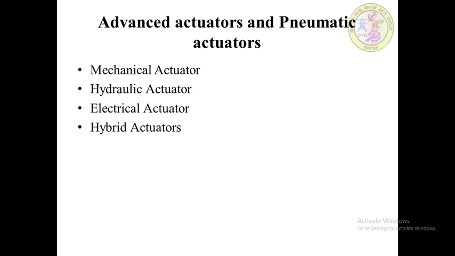If you come to advanced actuators and pneumatic actuators, whenever we are using different kinds of actuators, generally the first thing is the mechanical actuator. In a mechanical actuator, normally a rotary motion is converted into linear motion to perform the operation.